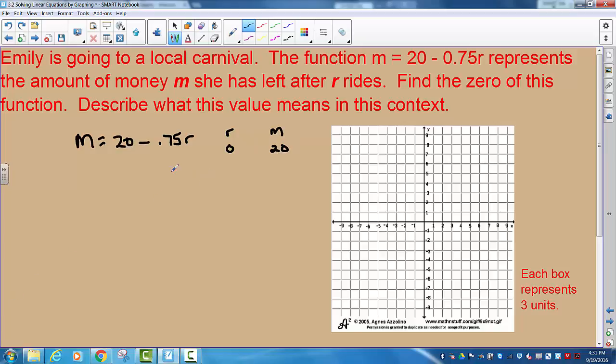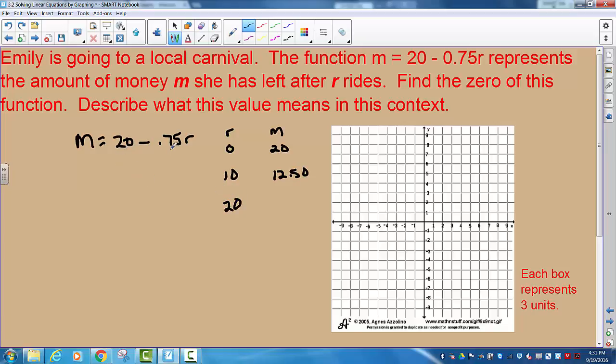Okay? Then let's try 10. 20 minus 10 times 0.75 is 7.50. 20 minus 7.50 is 12.50. Then let's try 20.